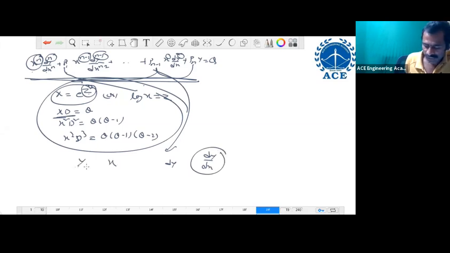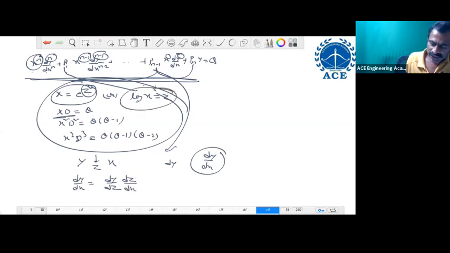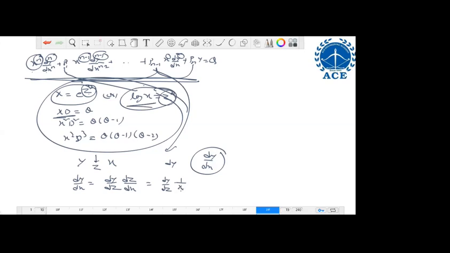We already have these two variables in the equation, but we are introducing a new variable. So dy/dx = dy/dz times dz/dx. The derivative of z with respect to x is 1/x, so dy/dx = dy/dz times 1/x. Bringing this to the other side, that becomes x.